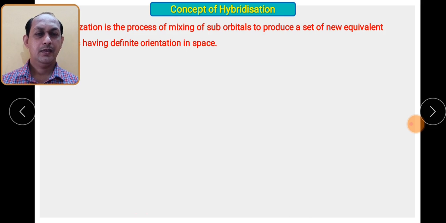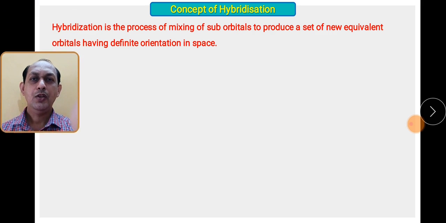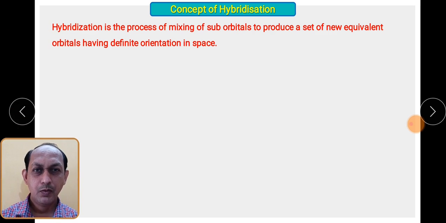In the case of methane, as we know, there is sp3 hybridization. In the coming slide we will also see how the methane molecule is formed. Now we are going to discuss the process of hybridization.